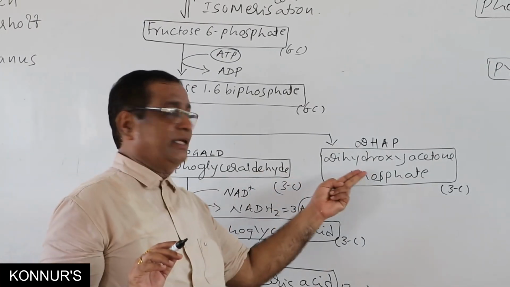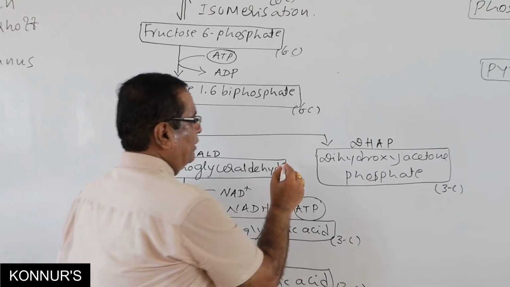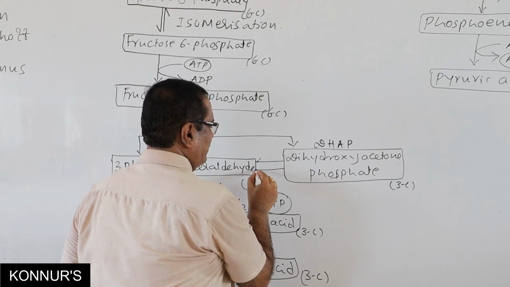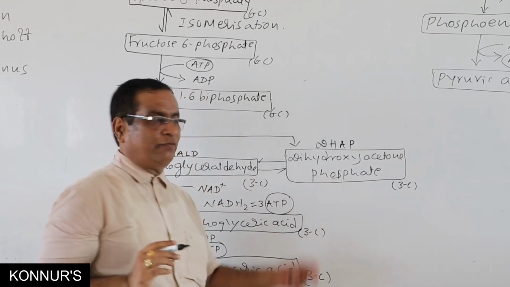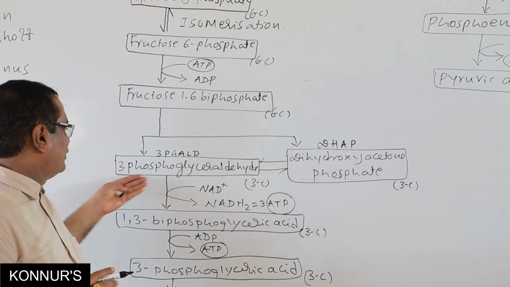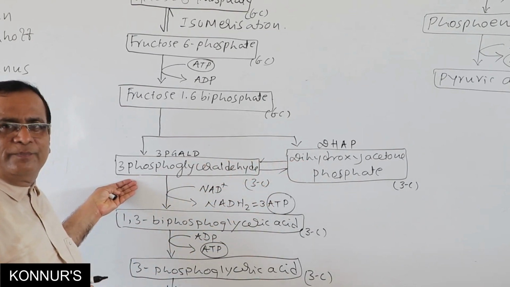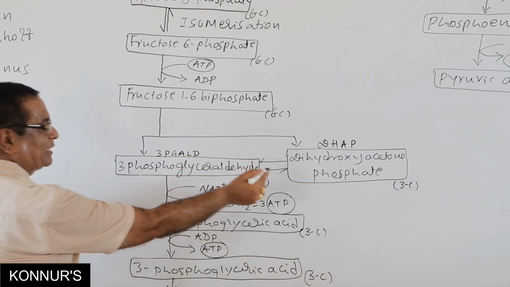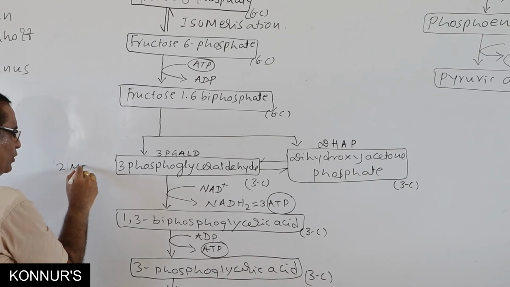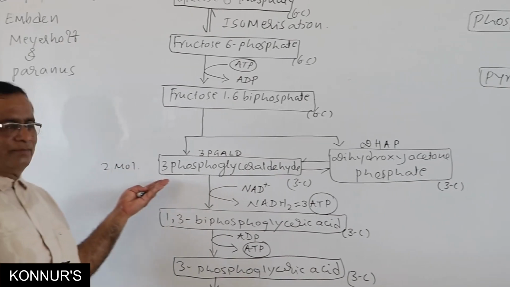And what is the fate of this? As it is an isomer, if it wishes to take part in the reaction, it is converted into 3-phosphoglyceraldehyde. So as it is also becoming 3-phosphoglyceraldehyde, we do have 2 molecules.